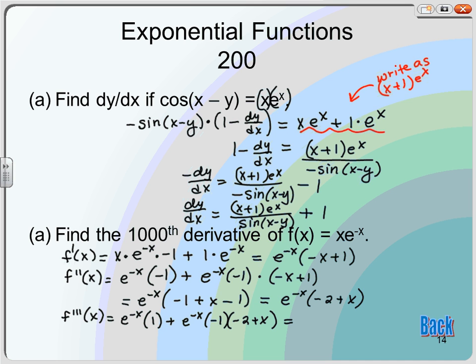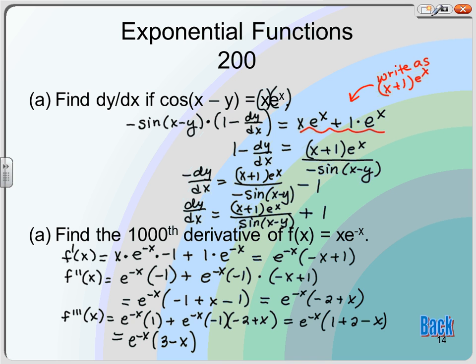Okay, so let's see what happens. I have 1, so e to the negative x, I'll pull that out, and I have 1 plus 2 minus x. This is exactly what I thought. So hopefully you guys see the pattern too. So e to the negative x times 3 minus x. Okay, so let's see the pattern.